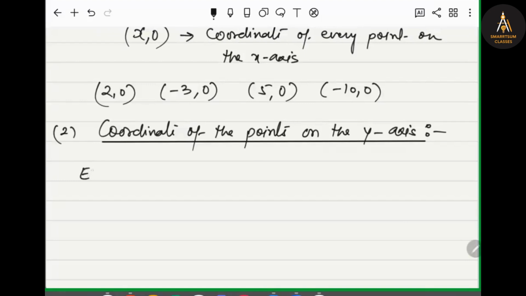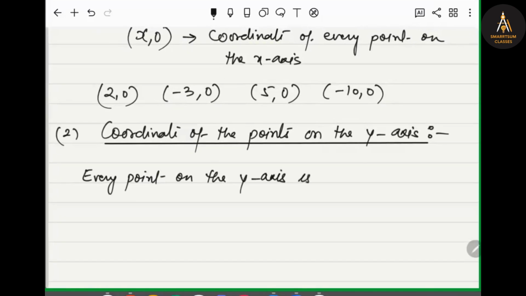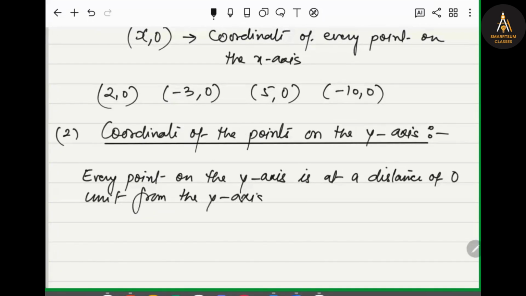So write down, every point on the y-axis is at a distance of 0 unit from the y-axis. Yes or no? If the point is on the y-axis, then its distance from the y-axis is 0. That means what?